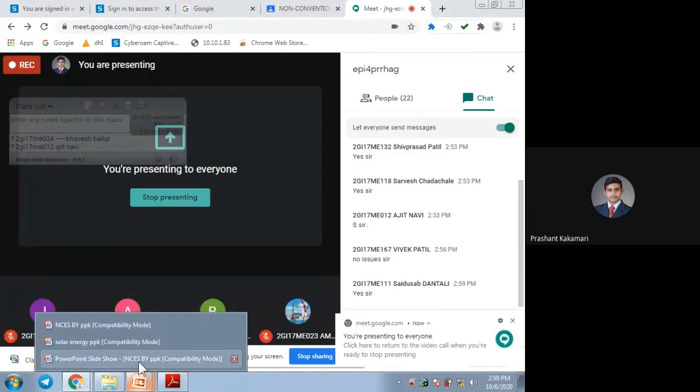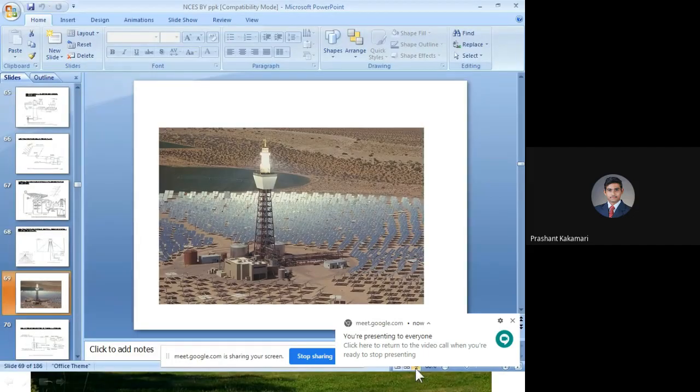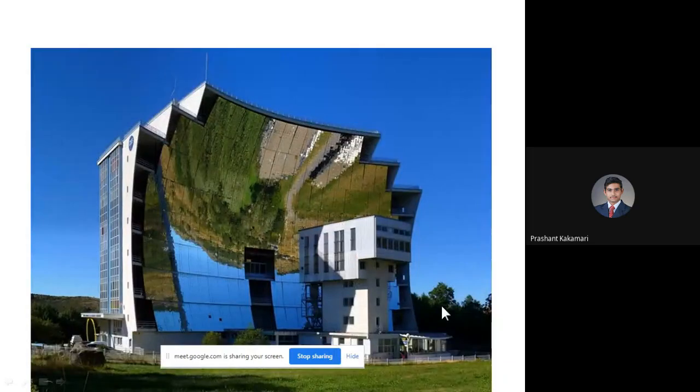Yes. See, one of the examples I have taken here to explain the solar furnace application. This is constructed in Odeillo in France. This building is constructed for solar furnace application. The parabolic shape of the mirrors you can observe here.